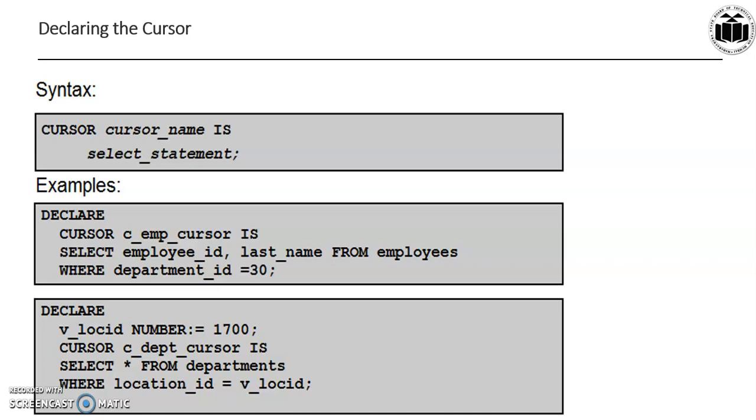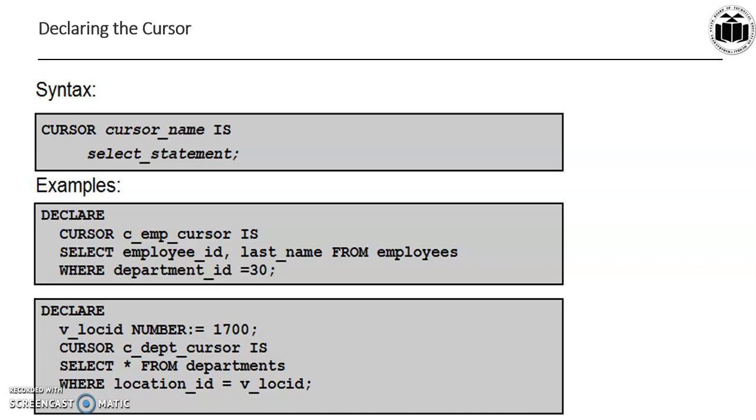So that is a very important step. After that, if this select statement has 30 records or 40 records, that record set is nothing but the active set, and our cursor will refer to that record set or active set.